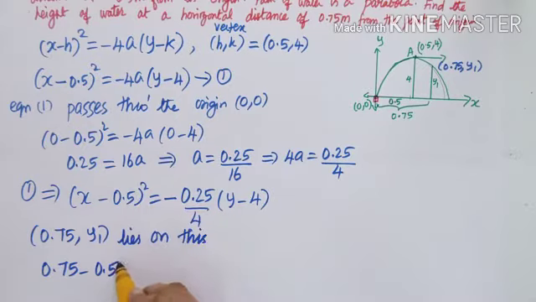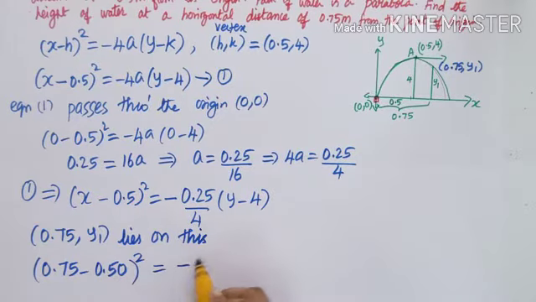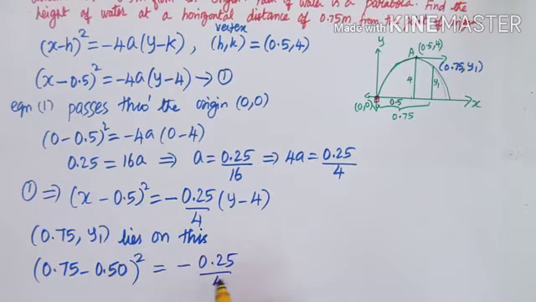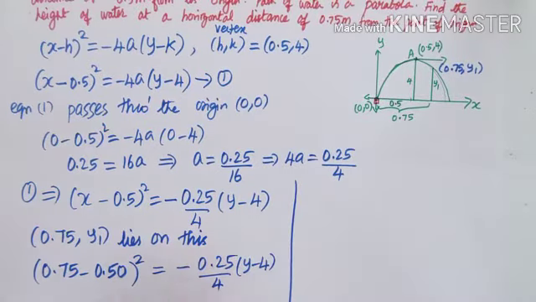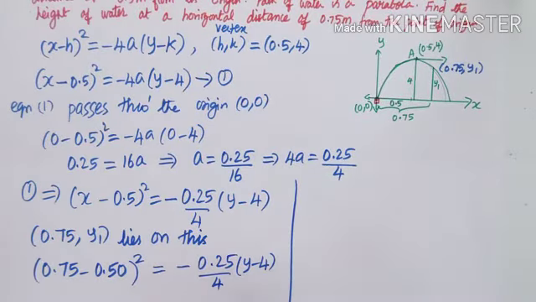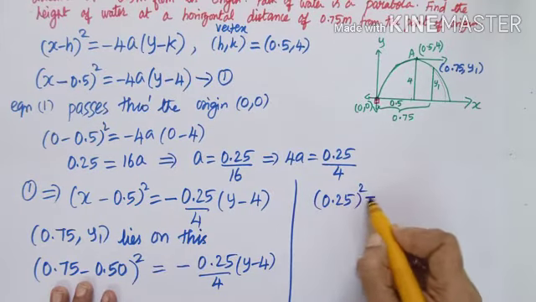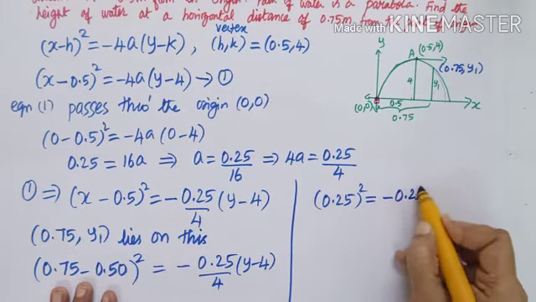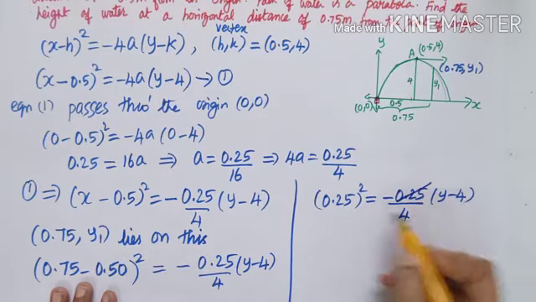Write 0.5 as 0.50 in two decimals, easy to subtract: (0.75 minus 0.5, that is 0.25) the whole square equals minus 0.25 by 4 into (y minus 4).